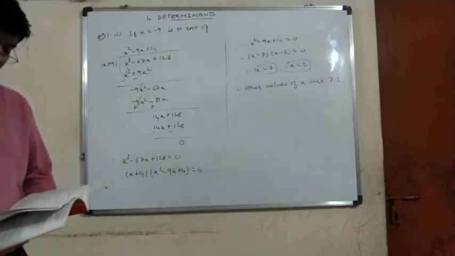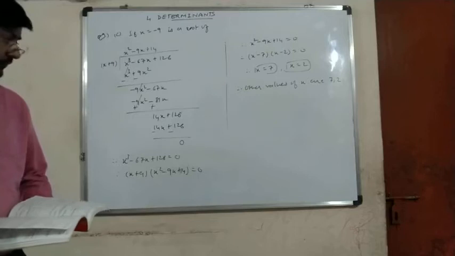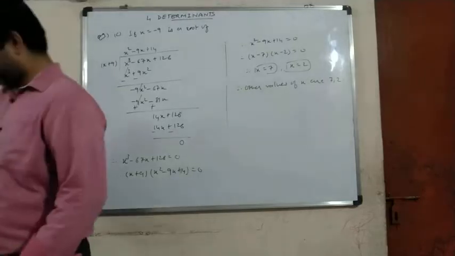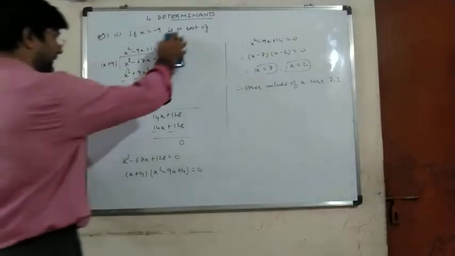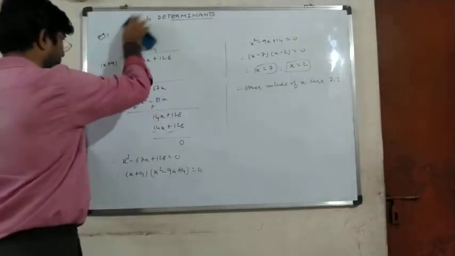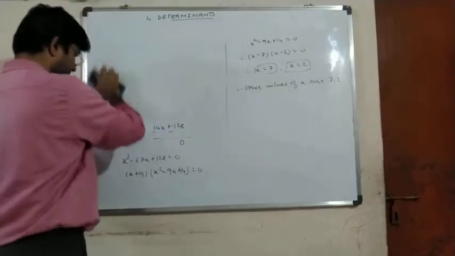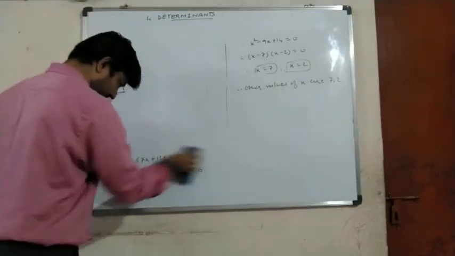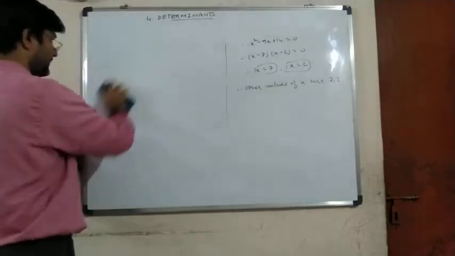Okay, now let us solve question number 10. Question number 10. Two sums are similar. Okay, I will solve one and the other you will try yourself. I am solving the second question. The first one you should try, and if you have doubt then you can ask me.